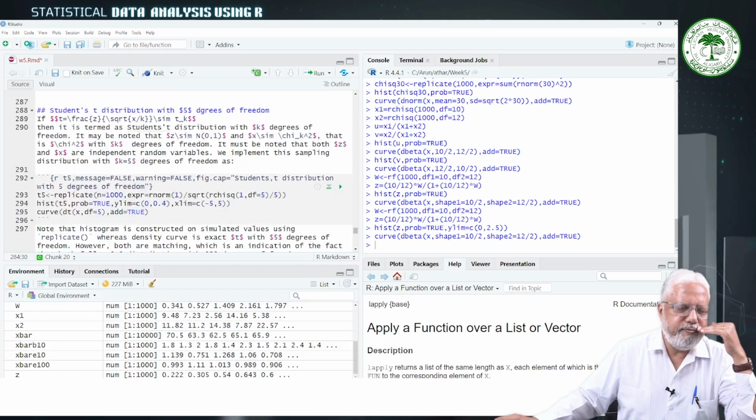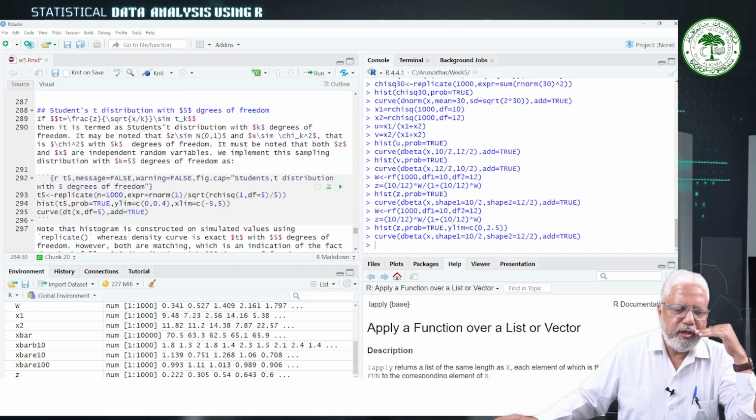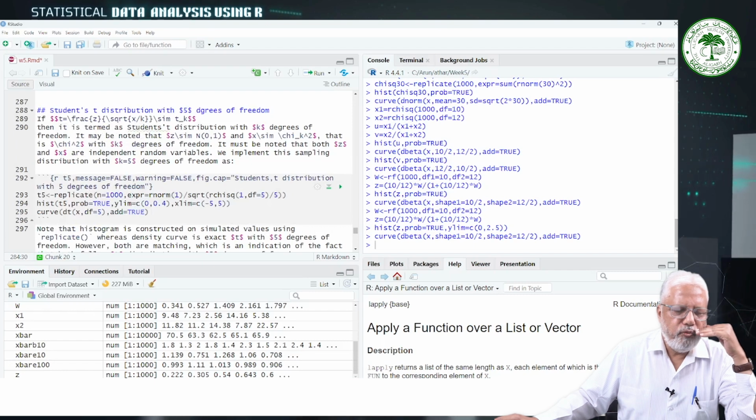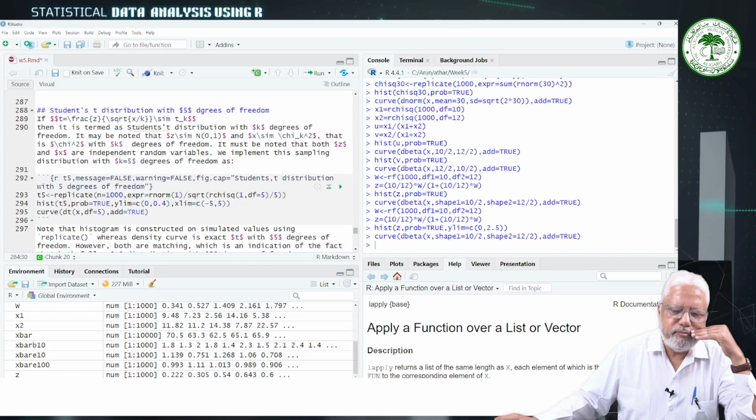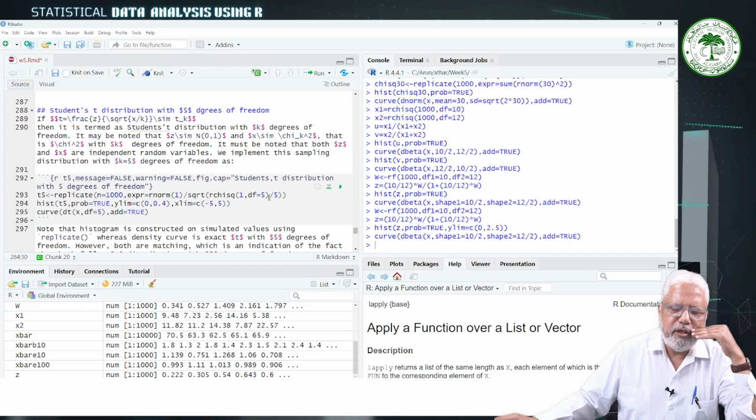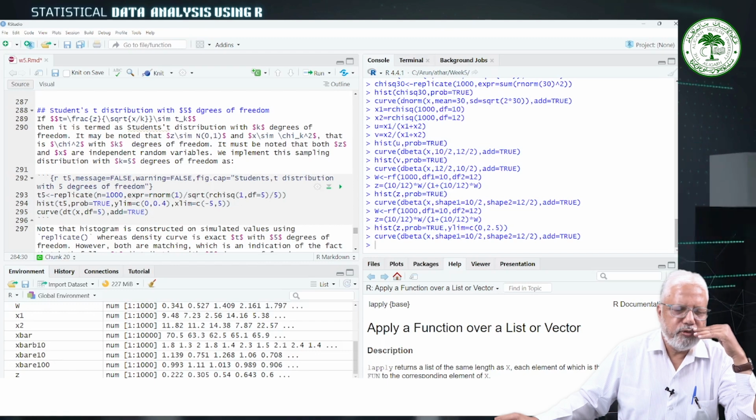See, this is T5 with 5 degrees of freedom. So what we can do? We can have T100 rnorm. So here it will be df equal to 100 divided by 5. So here we can make changes.